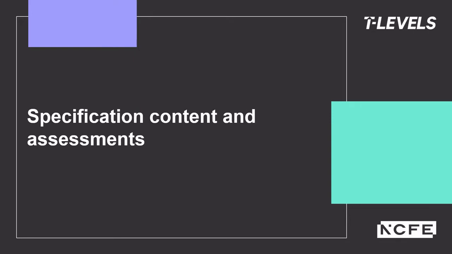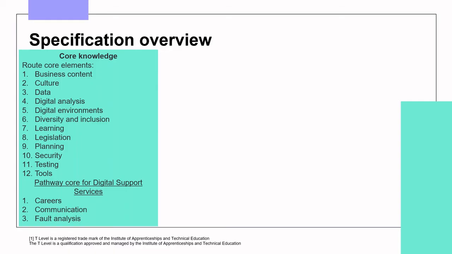We're now going to look at the specific content for the digital T-level and how the assessments will work. The core component consists of both knowledge content and skills content, as I mentioned earlier. And this is what the majority of providers had as their year 1 focus, delivering the core content.